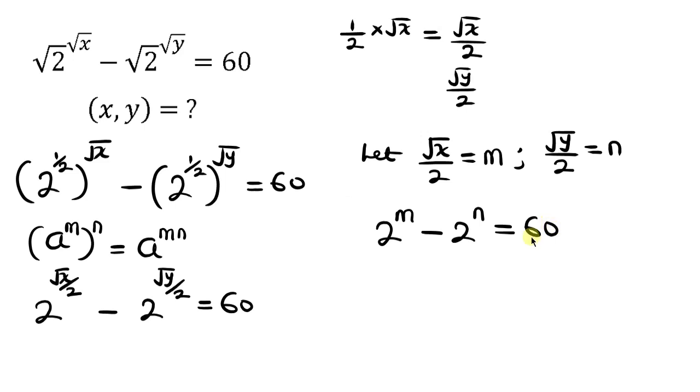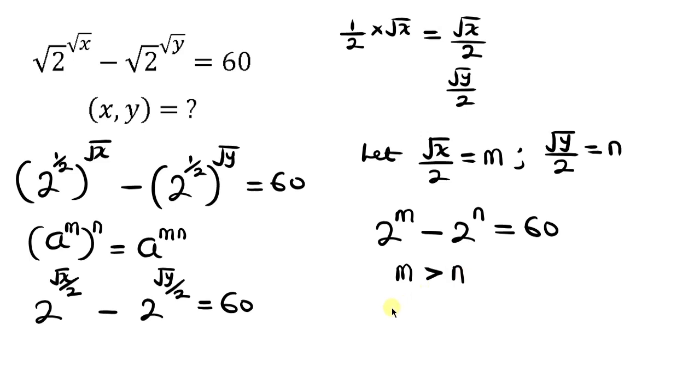Now, in order to have a positive value of 60, the value here must be bigger than this value, which means the exponent m must be bigger than the exponent n.